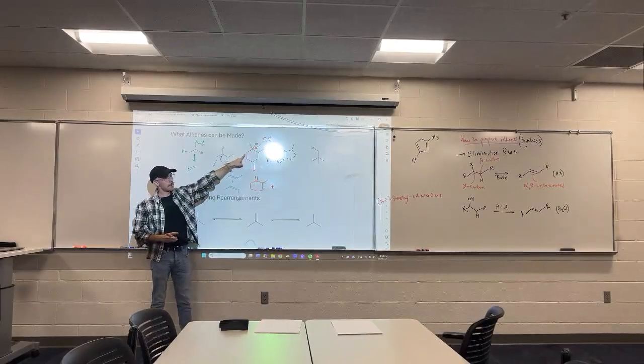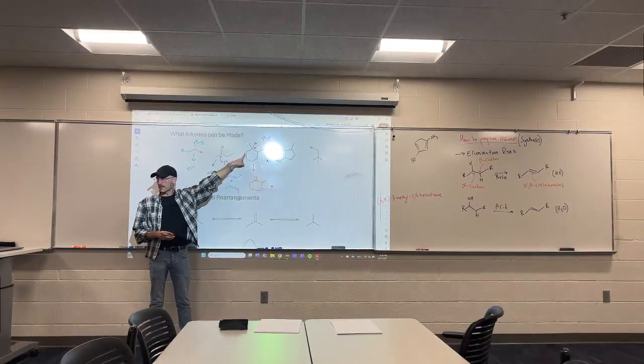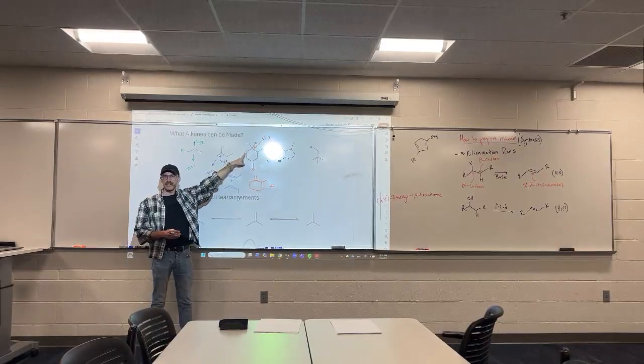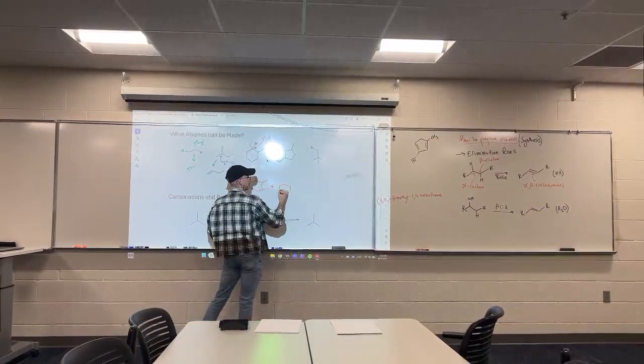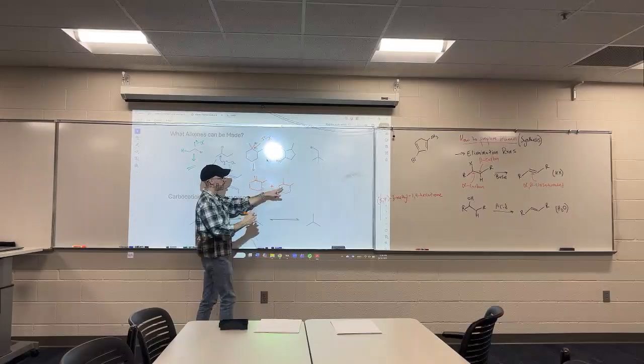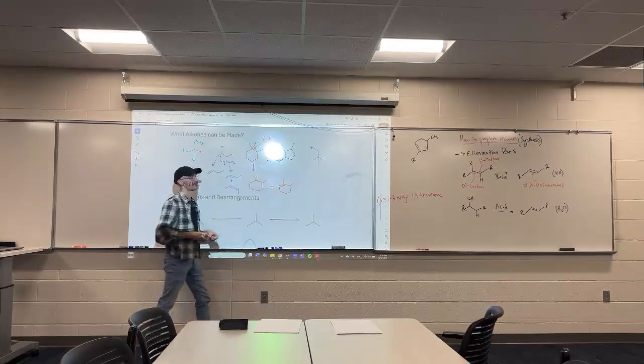Here's my second beta position, the secondary carbon in the ring. Is there a hydrogen there? Yeah, that means that I can do an alkene formation at that position. Here's my alpha, here's my beta, unsaturated.